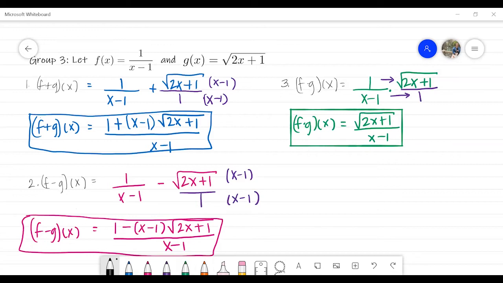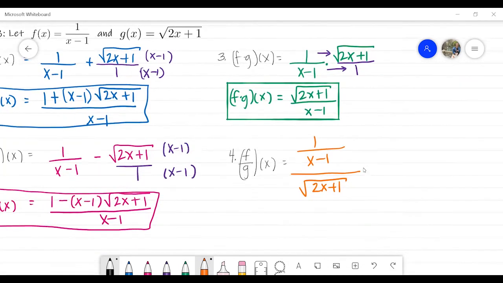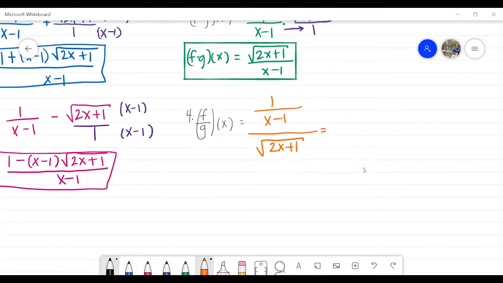And then f over g gives us, and so again, I would just write it: 1 over x minus 1 over square root 2x plus 1, which is pretty ugly looking to start, right? I don't think anyone will argue with you on that, but you can rewrite this as the numerator, a whole fraction, divided by the denominator, right?